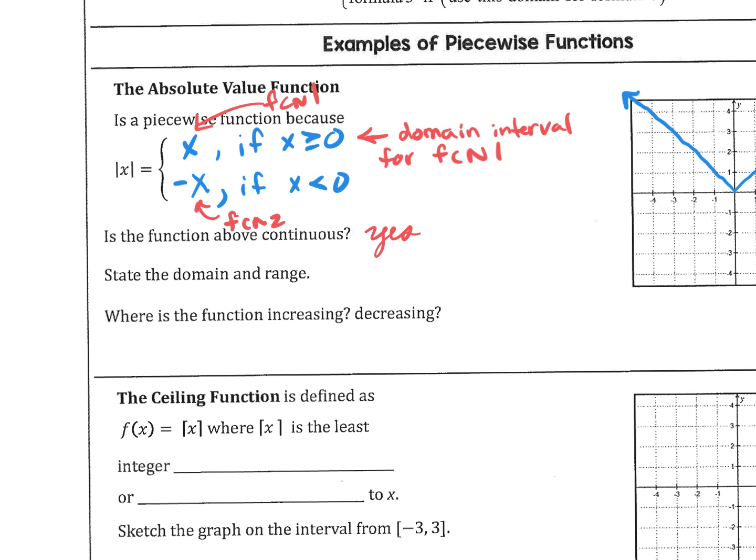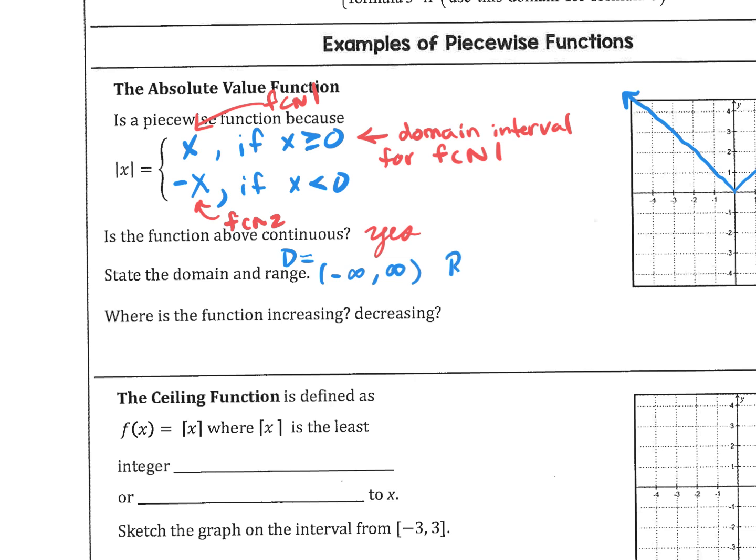So now, state the domain and the range. What is the domain of this function? How far to the left and right does this function go? All real numbers, right? So from negative infinity to what? Oh, that's the domain, by the way. So we say D equals.